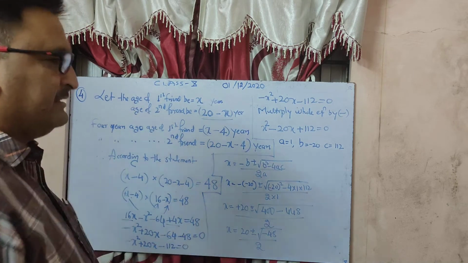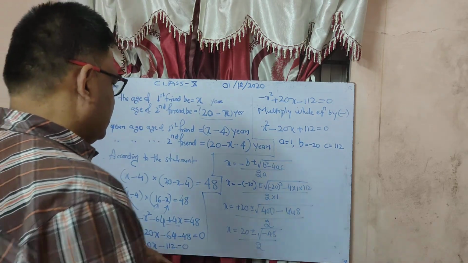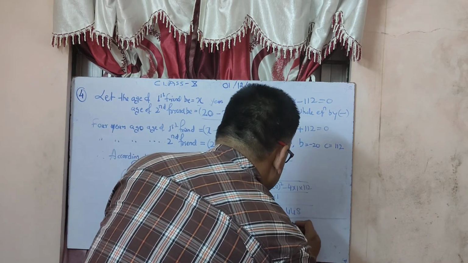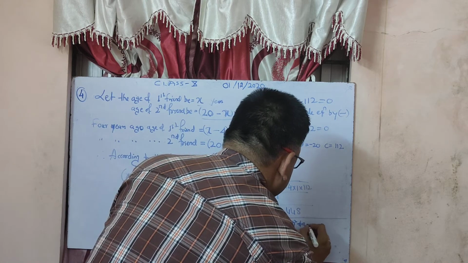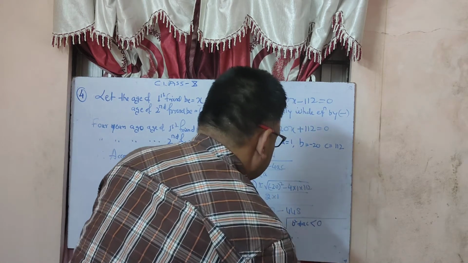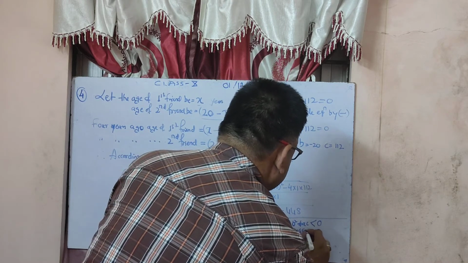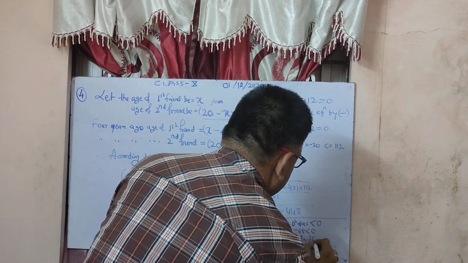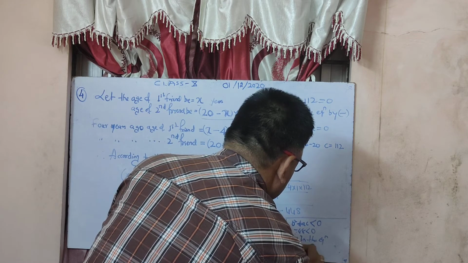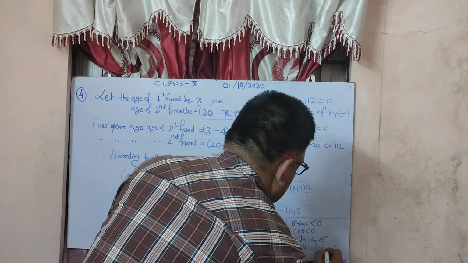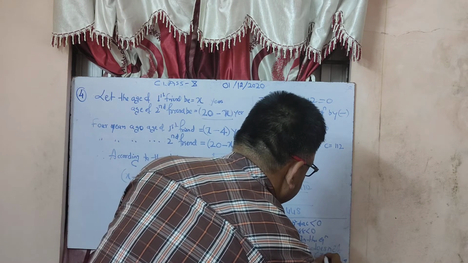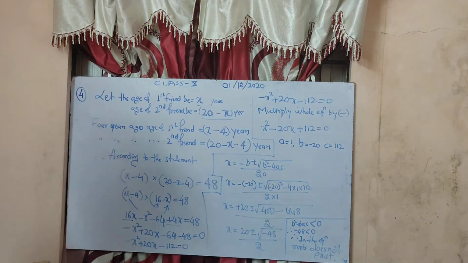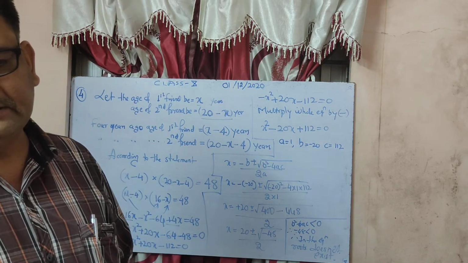So you have to say b square minus 4ac is less than 0, that is, minus 48 is less than 0. Therefore, in this equation, roots do not exist.